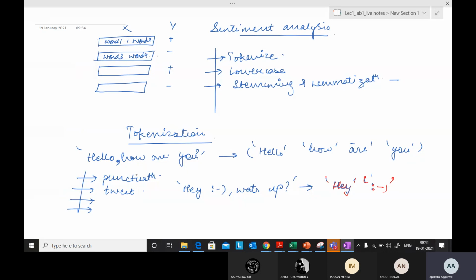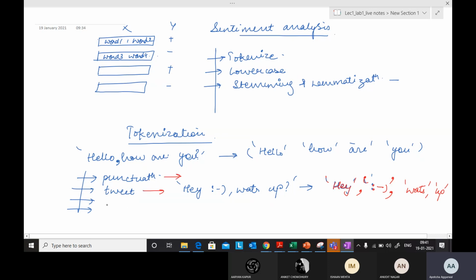If you are using the punctuation tokenizer, the smiley will be removed, because according to it this is a colon, this is a hyphen, and this is a bracket. While with the tweet tokenizer, it will be separated out. So hey is the first token, the smiley is the second token, the third token is what's, and the fourth token is up. It depends upon what kind of tokenizer you are using.